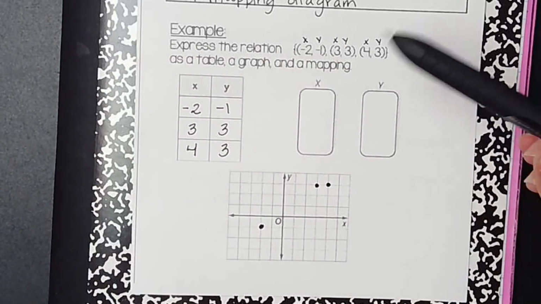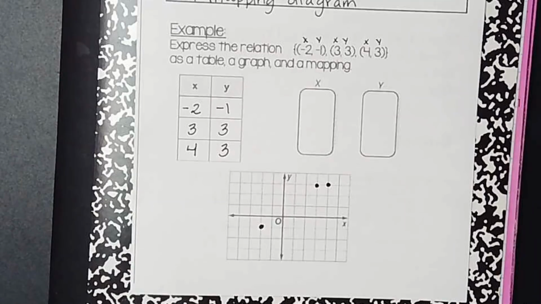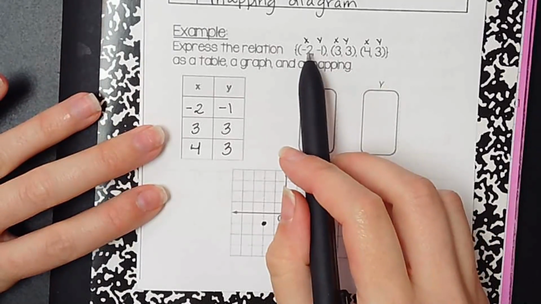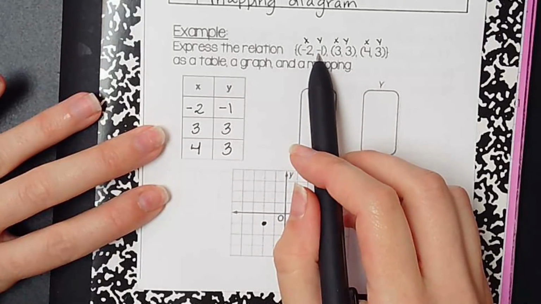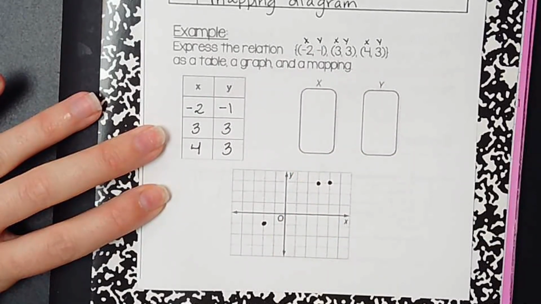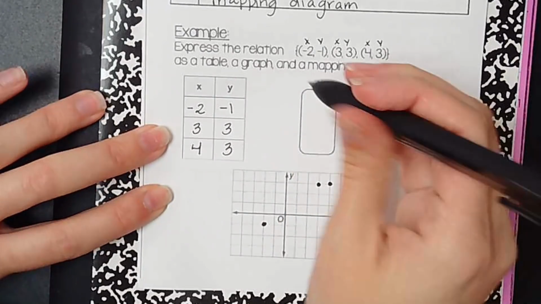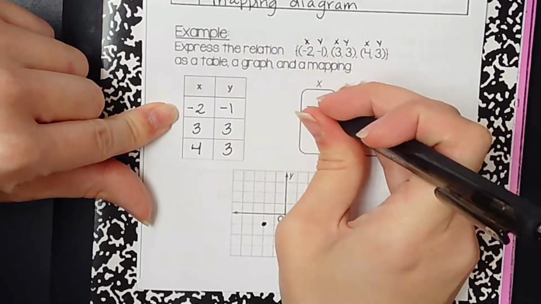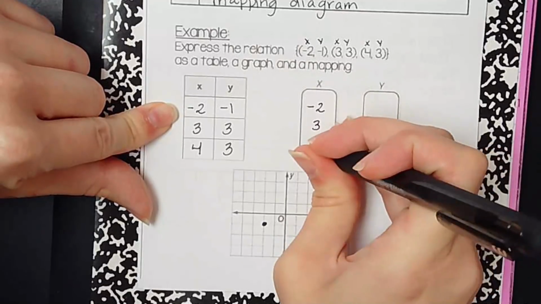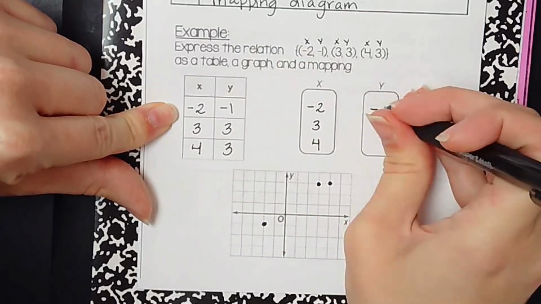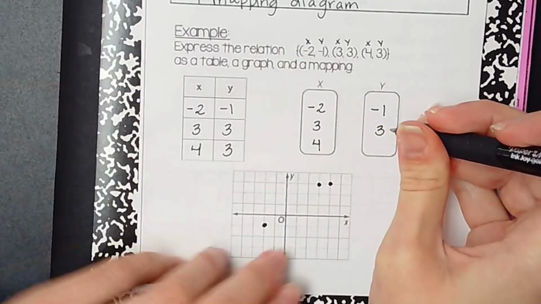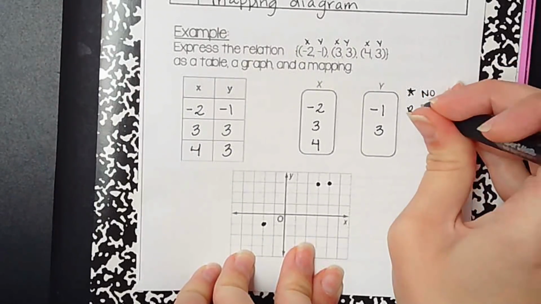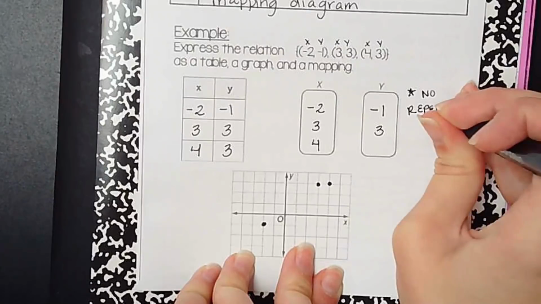Last is our mapping diagram. When you're making a mapping diagram, you are drawing a picture that says this x value maps to this y value. It just means they go together. So when we make our mapping diagram, it's going to be similar to our table, where I fill in my x values and I fill in my y values, except in a mapping diagram, there are no repeats.